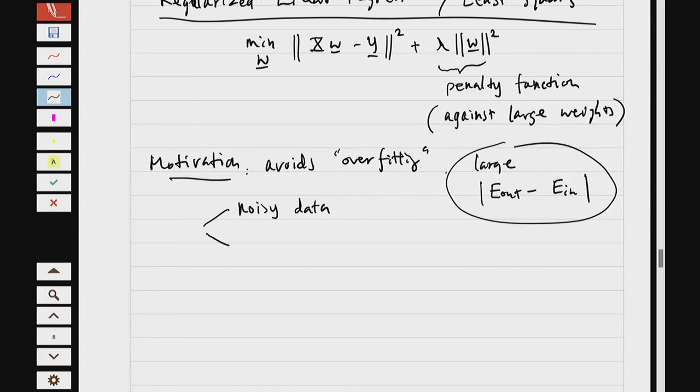Another possibility for overfitting is that you might not have enough data in comparison with the complexity of the target function.